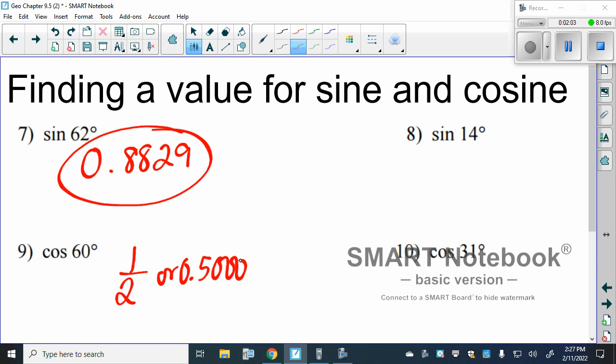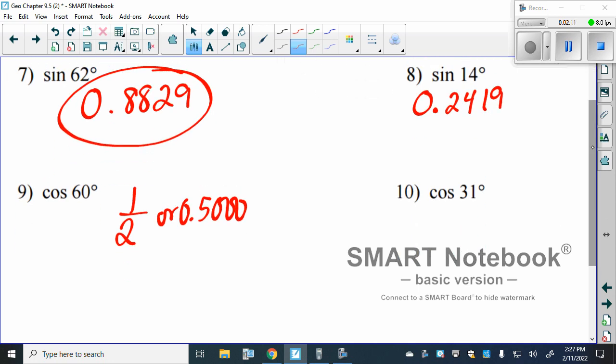Now we can also look at sine of 14. If we plug it in, we get 0.241. And lastly, cosine of 31 is 0.8571.